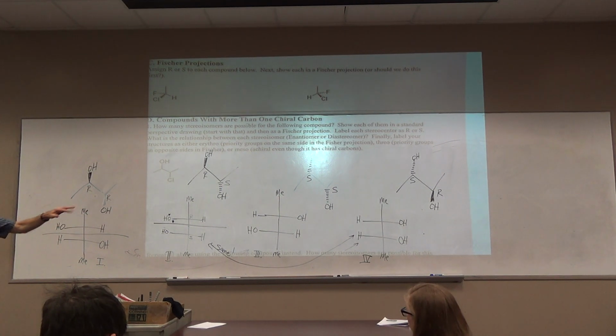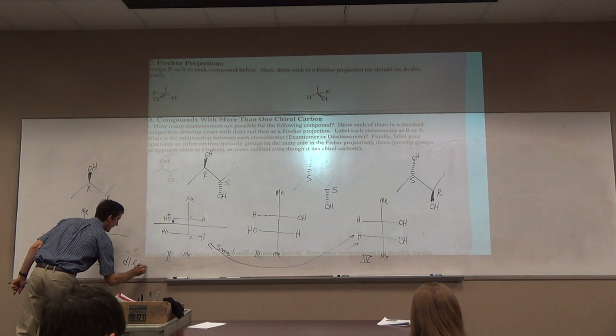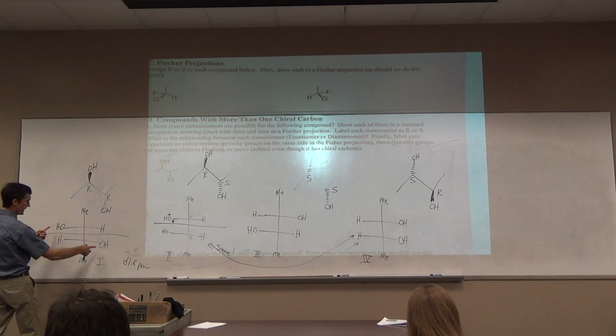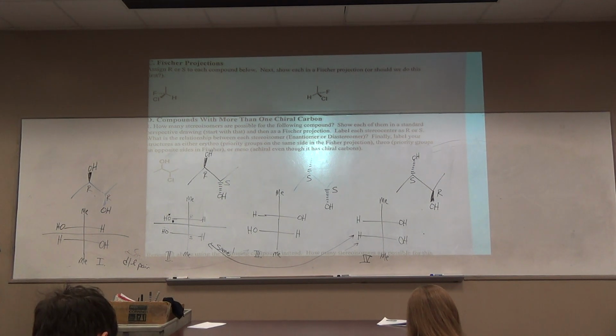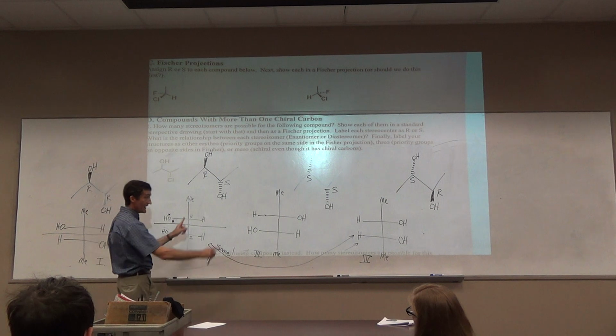So how many total compounds on the board here? 3. We've got a DL pair. By the way, is the DL pair a rethrow or 3-0? 3-0. Got a DL pair of enantiomers. And we got what else? We got the other compound.